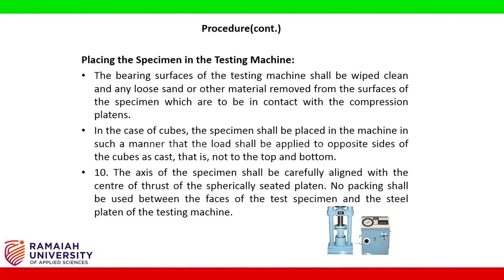The axis of the specimen shall be carefully aligned with the center of thrust of the spherically seated platen. No packing shall be used between the faces of the test specimen and the steel platen of the testing machine.